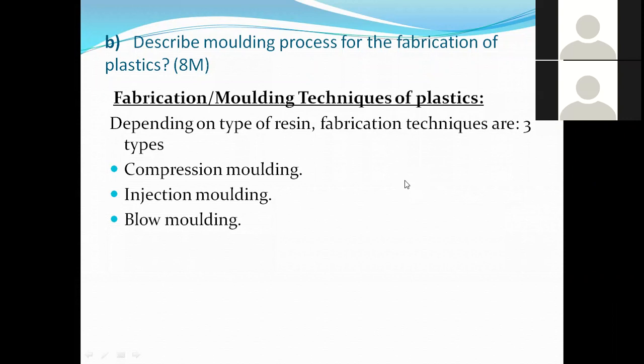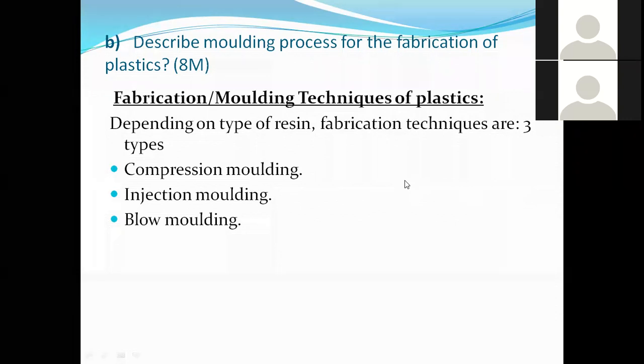Then monomers plus solvent plus initiator plus catalyst. I am saying again, monomers plus solvent plus initiator plus catalyst. Then what will happen here? We are applying temperature followed by the pressure and agitation.